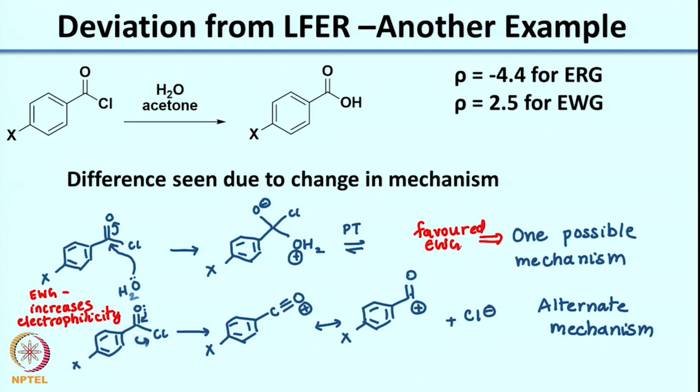Now if you have an electron releasing group, it would stabilize this intermediate, which is why the alternate mechanism would be favored for electron releasing groups.